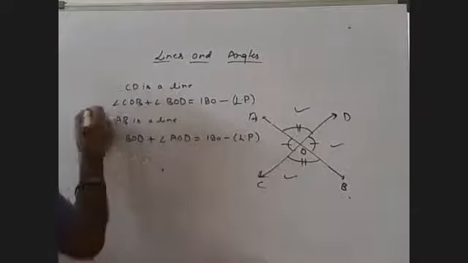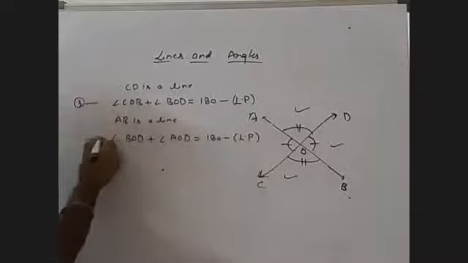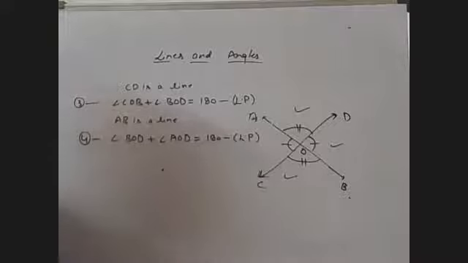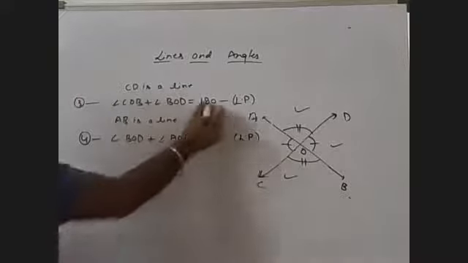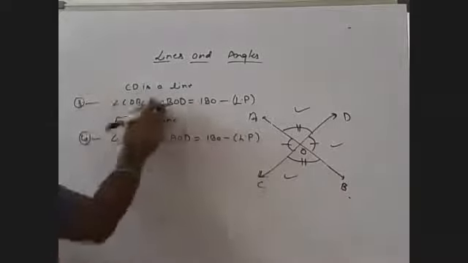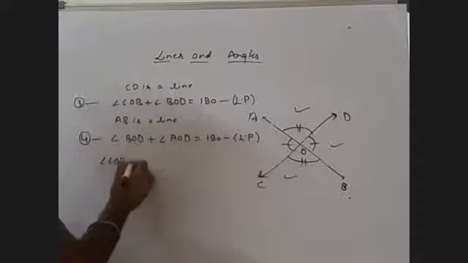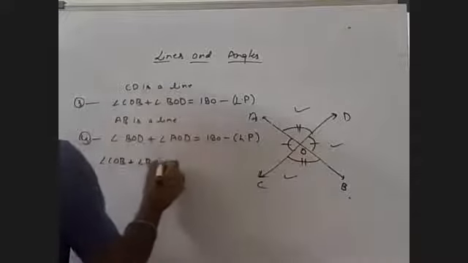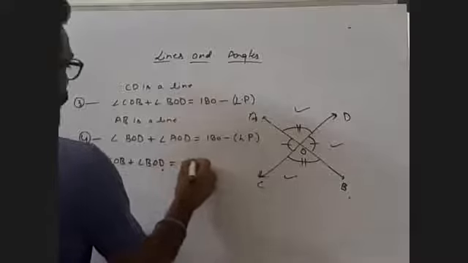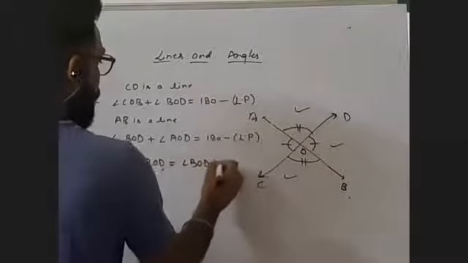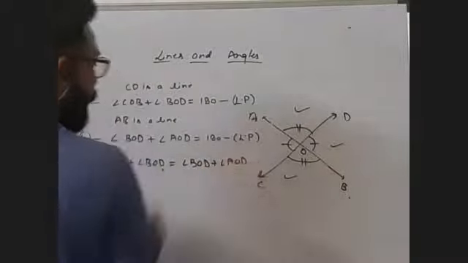So now this is equation number 3 and equation number 4. Equating equation 3 and equation 4, since the right hand side of both the equations are equal, we can equate the left hand side. So angle COB plus angle BOD is equal to angle BOD plus angle AOD.